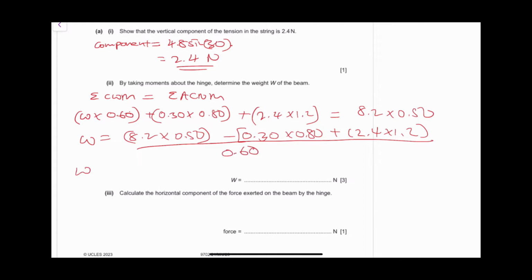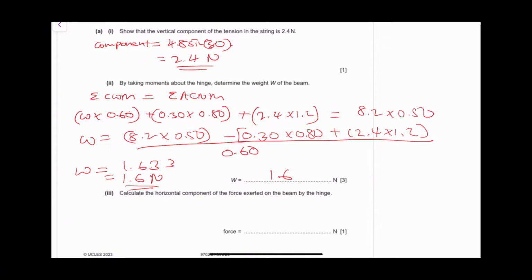That gives us a value of W of 1.633, which is 1.6 newtons. I'd highly recommend that you break down these calculations so that they become much easier to understand, and you avoid making errors during your calculation.